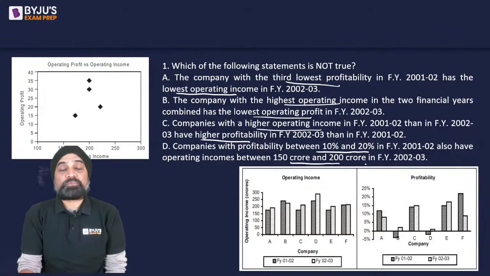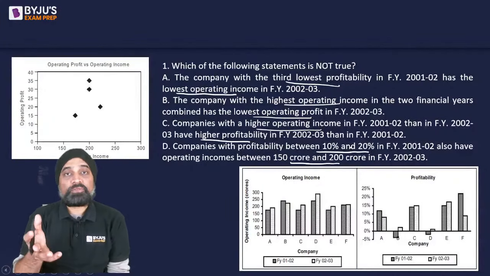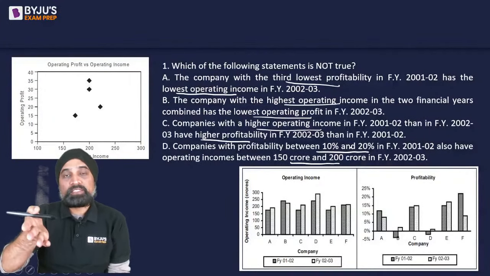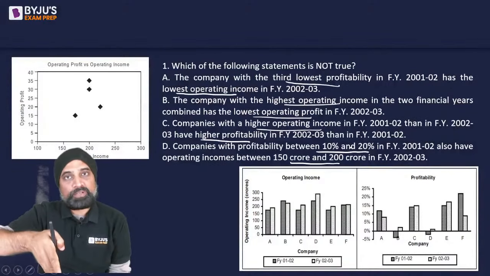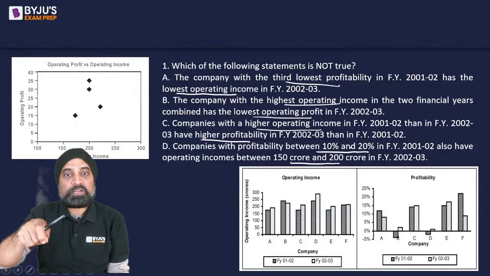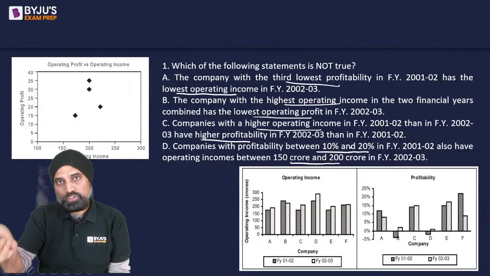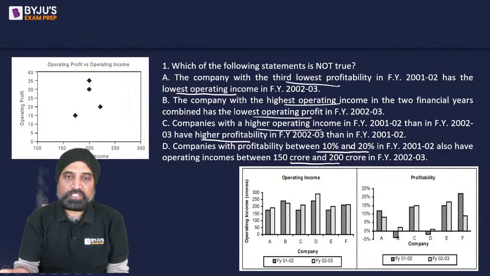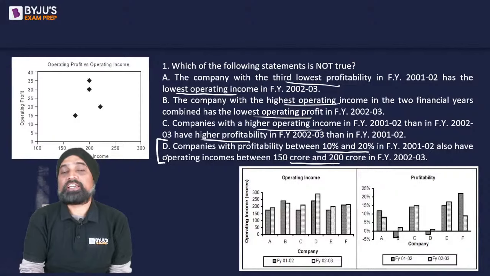Now, this is something where again the comparison has to be made, but it has to be made for a specific company. It's not a comparison between 2 companies. It's about the same company, right? As compared to the same company in a certain fiscal year. So I will start checking option D first.